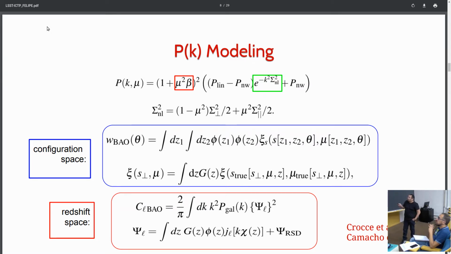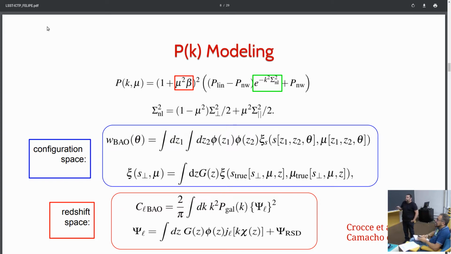Our work is related to Crocce et al., who work with the correlation in configuration space. So they work with the angular correlation and the transversal correlation function.